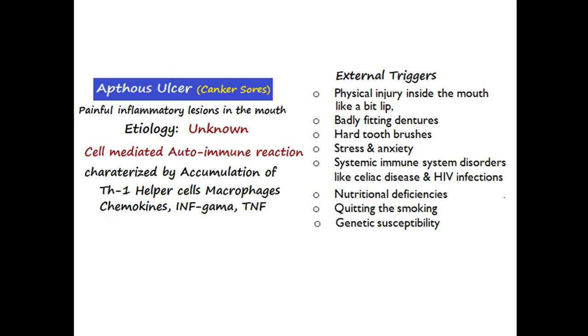Now, here we don't know, but we can say that either smoking has an anti-Aphthous ulcer effect, or more commonly, a patient who is a habitual smoker and who quits smoking automatically develops anxiety and depression. And this anxiety and depression caused by quitting smoking may be the cause of Aphthous ulcers.